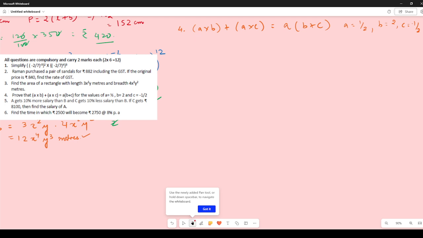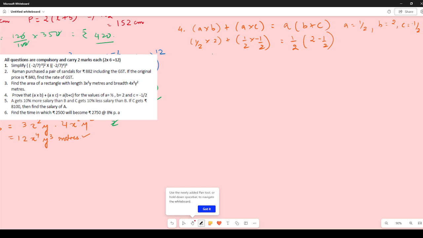So A is 1 by 2. So 1 by 2 into B is 2 plus 1 by 2 into minus 1 by 2 is equal to 1 by 2 into 2 minus 1 by 2, right? That should be how it is.